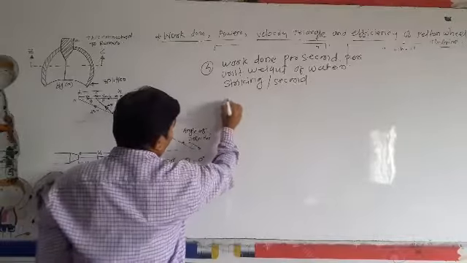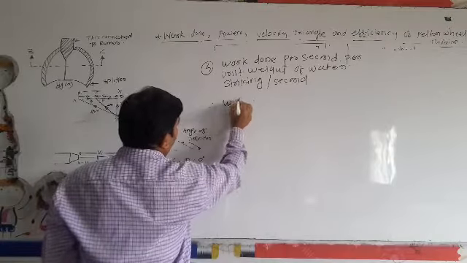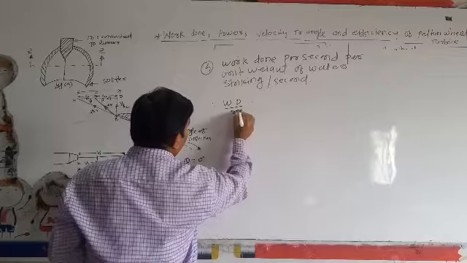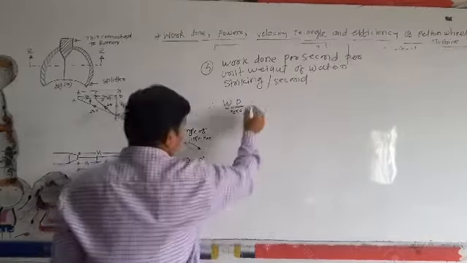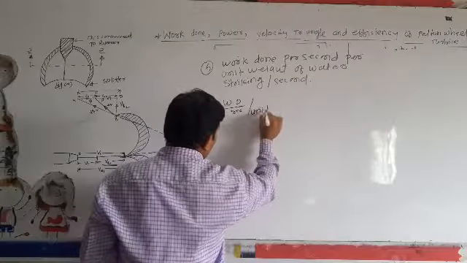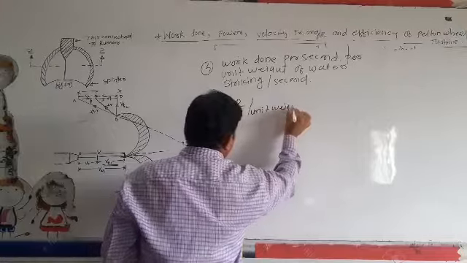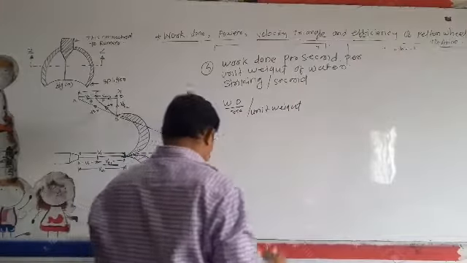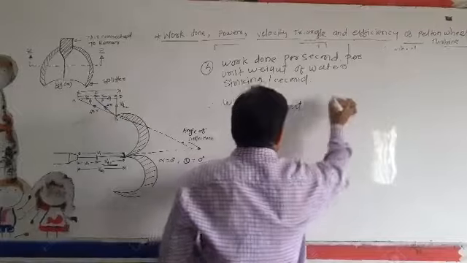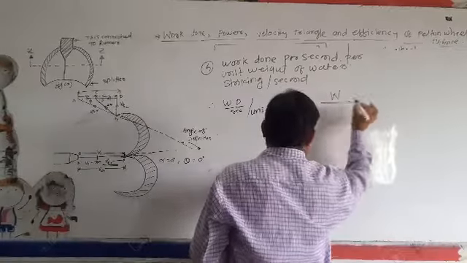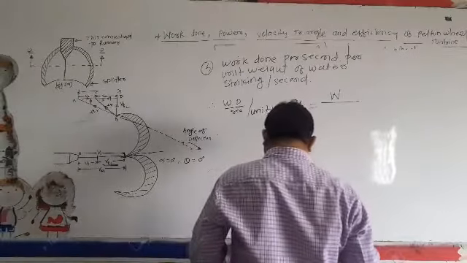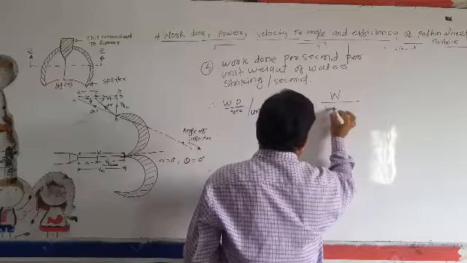Therefore, work done per second per unit weight is equal to W, that is the work done, divided by the weight of water striking per second.